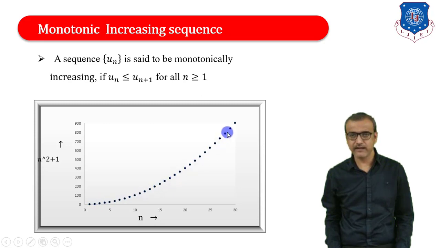Now you can see that this is monotonically increasing, as U1 is less than U2, U2 is less than U3 and so on. So for any sequence, if you get Un is less than or equal to Un plus 1 for all n greater than or equal to 1, then that sequence is called a monotonic increasing sequence.